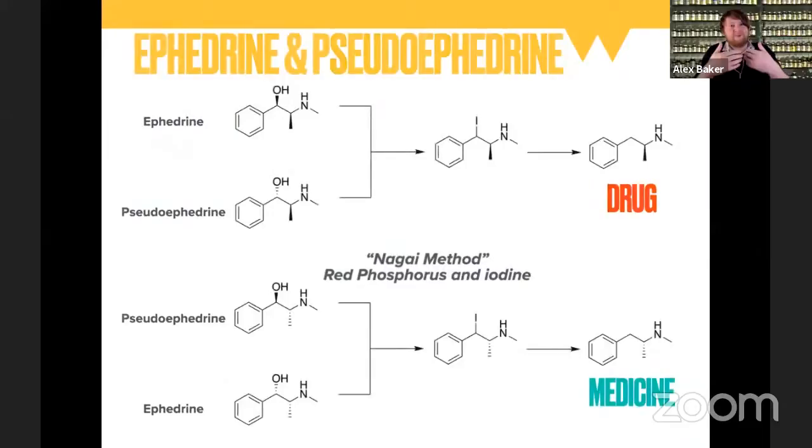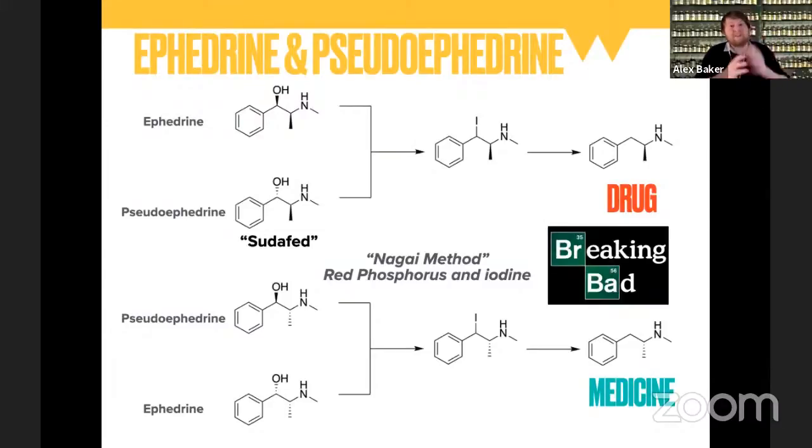However, unfortunately for Nagai, his method works on all forms of ephedrine, including what are known as pseudoephedrine. Now, these are isomers of ephedrine. Pseudoephedrine is a medicine that you find in cough syrup, which, if you've ever wondered why drug dealers buy lots of cough syrup, that's because it contains pseudoephedrine, and they will then use that to make methamphetamine. And this is the method they actually use in the TV show Breaking Bad.